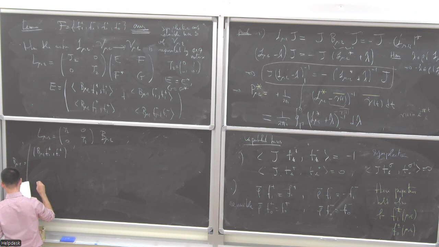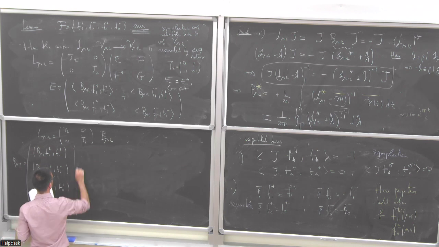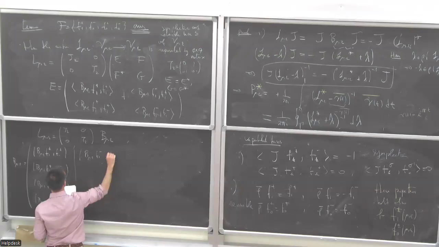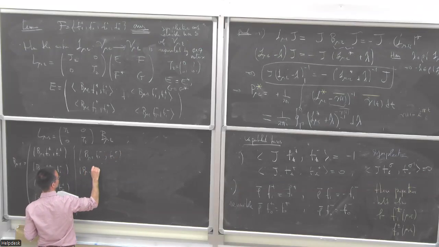Then in the first column, I take all the products F1 plus, F1 minus, F1 plus, F0 plus, B mu epsilon F1 plus, F0 minus. This is the first column. Then the second column, you have B mu epsilon F1 minus scalar product F1 plus, B mu epsilon F1 minus scalar product F1 minus.